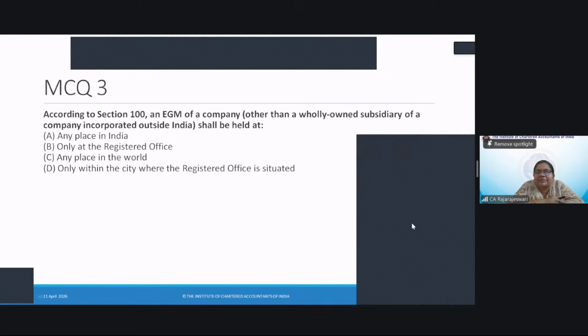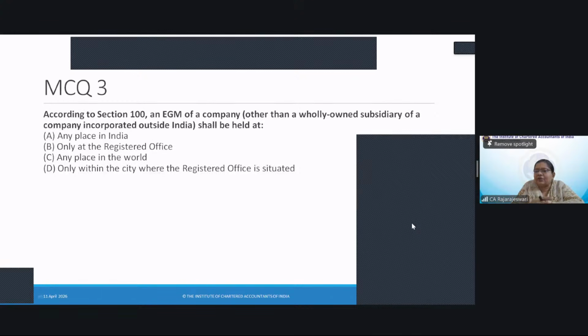You will be learning subsequently a topic, companies incorporated outside India. At that time, you will get clarity on the subject. You will be reading a topic, companies incorporated outside India, wherein they have to file the documents. Even for foreign companies, it will be filed in Delhi. It's not like ROC is not applicable for them.